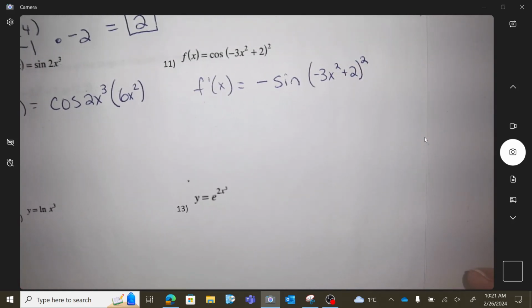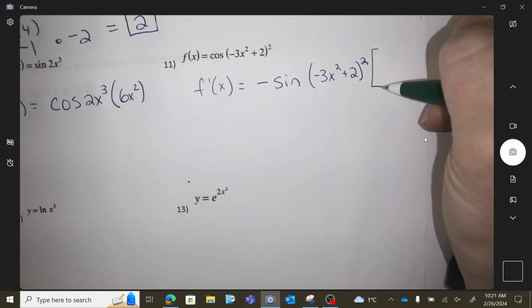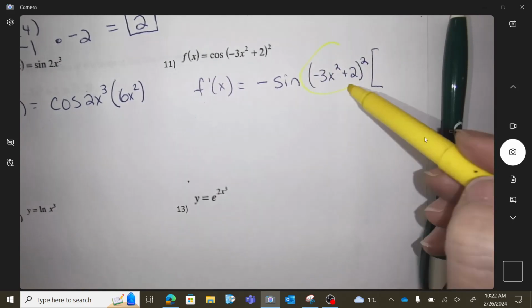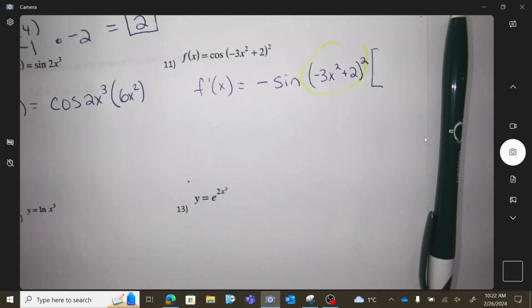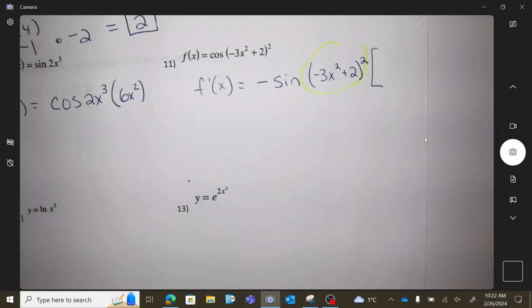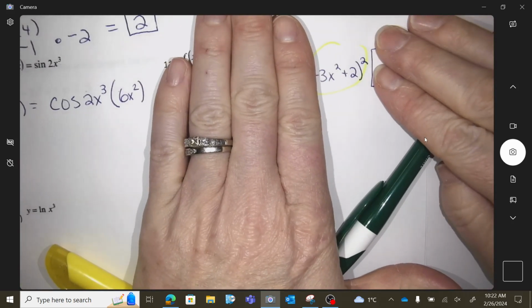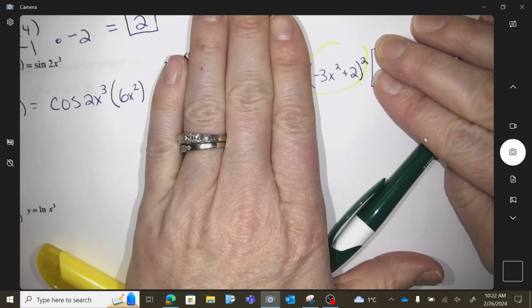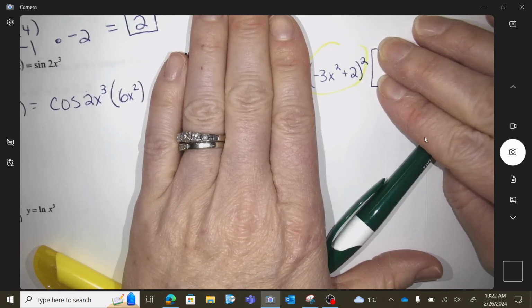Attach the derivative of the stuff, which is going to be a chain rule. So if I just was deriving this, I would have to do 2 of those to the 1, attach the derivative of it, right?